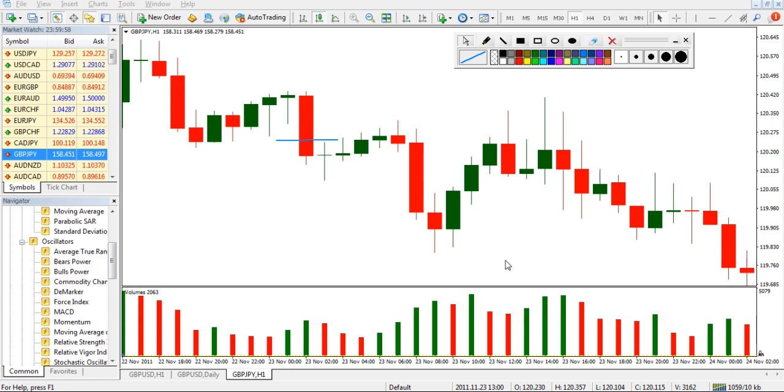And guys, I tried to create an expert advisor for this strategy. The robot is almost ready, but there are some bugs in that expert advisor. Sometimes it doesn't open a trade, whereas based on the strategy there has to be a trade. Hopefully, guys, I'm working on it, and in a couple of weeks I will be able to finish.